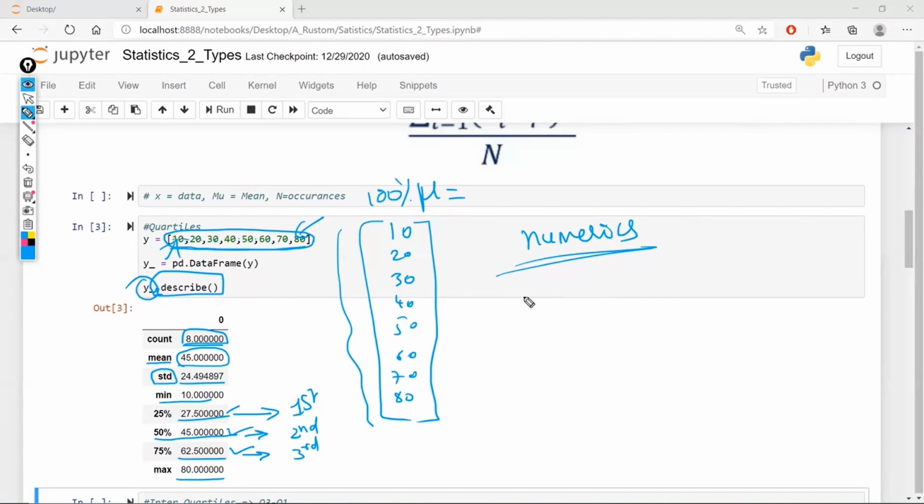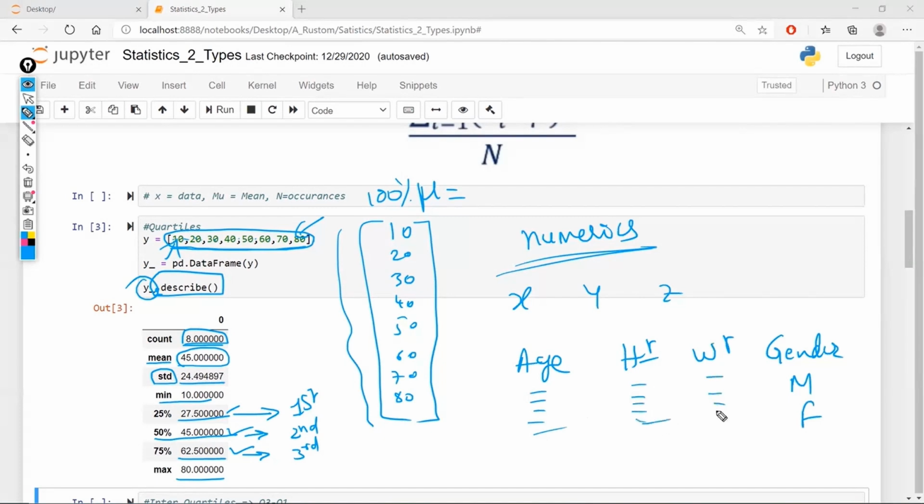Suppose we have features like age, height, weight, and gender. Gender is male and female. So age will have a number, height will have a number, weight will have a number, and gender will have male and female.